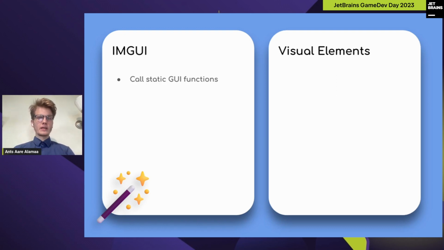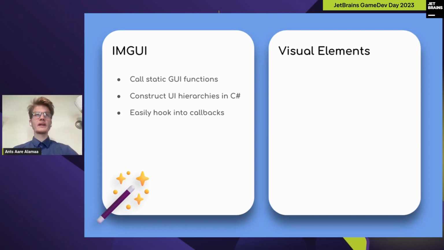IMGUI basically works by calling a bunch of functions and constructing UI hierarchies just by writing C# code. So everything is one file per editor, and you write all of the UI hierarchies inside of C#. That makes it really easy to hook into callbacks or to work with the asset database, because everything is 100% in C#, and you have all of your code base and all of your libraries on hand.